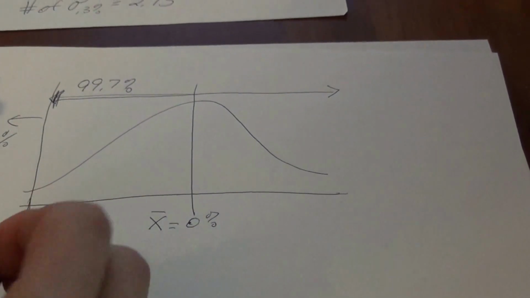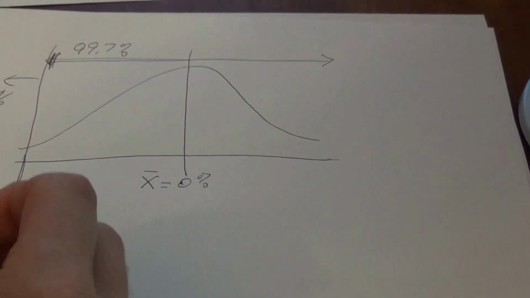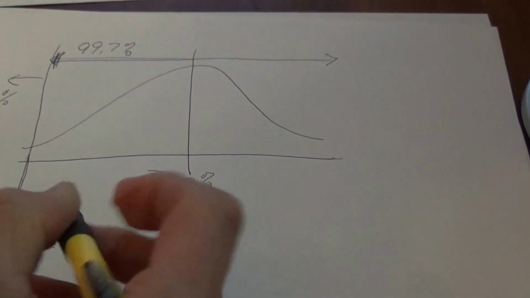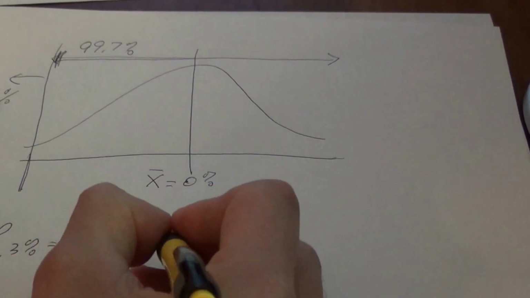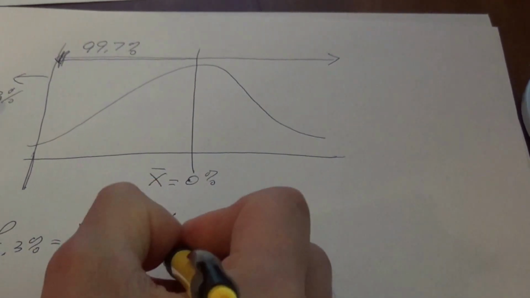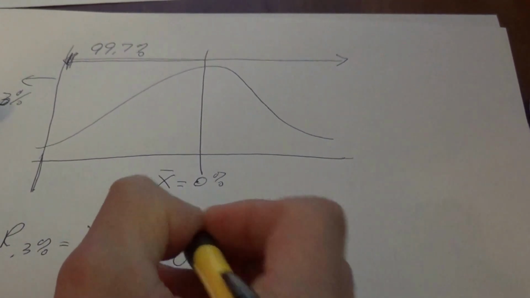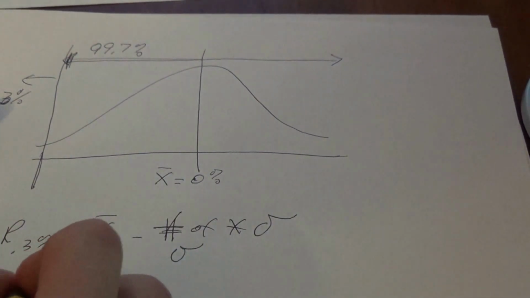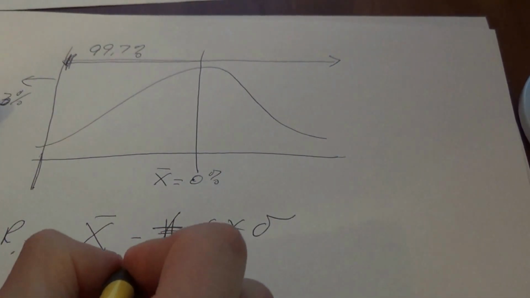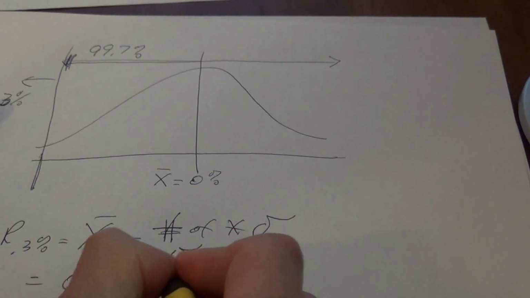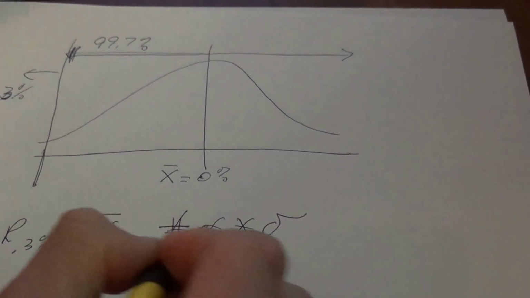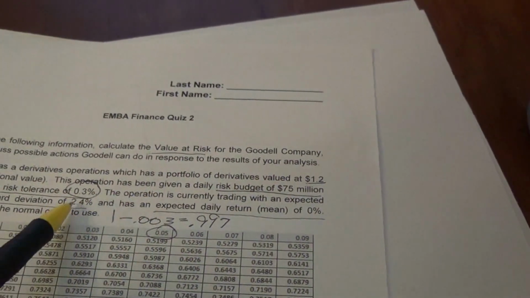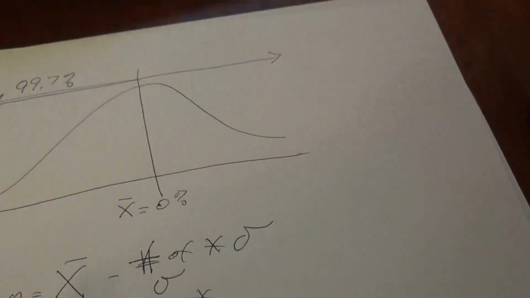The formula is that this number, the VaR at 0.3%, will equal the mean minus the number of standard deviations times the standard deviation. In our case it equals 0 minus 2.75 times the standard deviation, which was given as 2.4%.